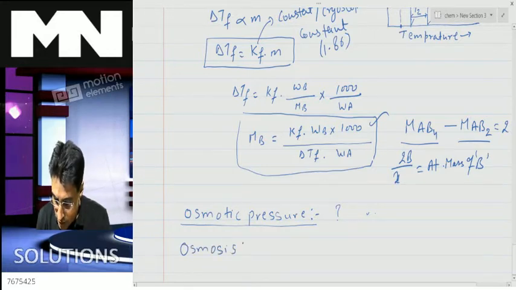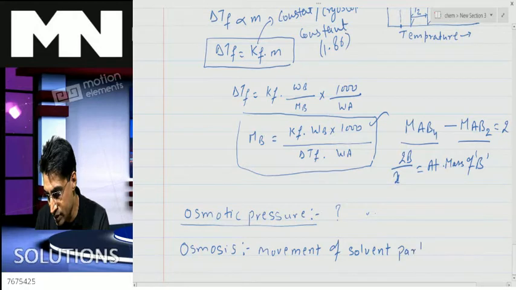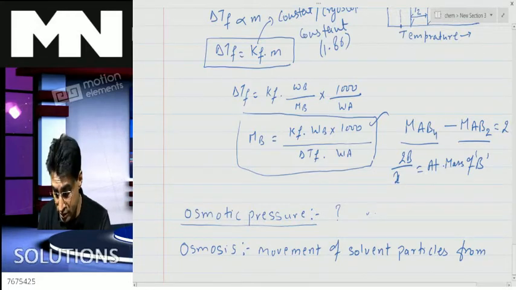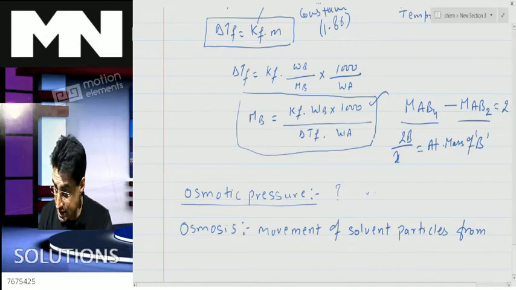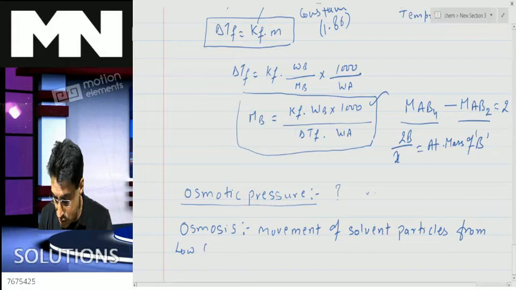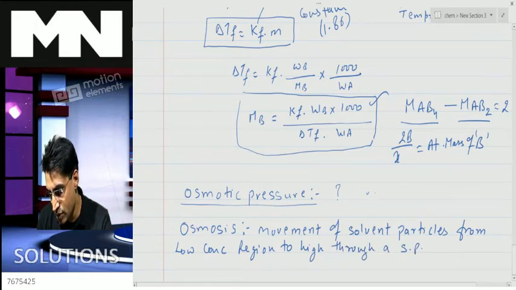Osmosis is the movement of solvent particles from high concentration of solvent to low concentration, or we can say from low concentration region to high, through a semi-permeable membrane.